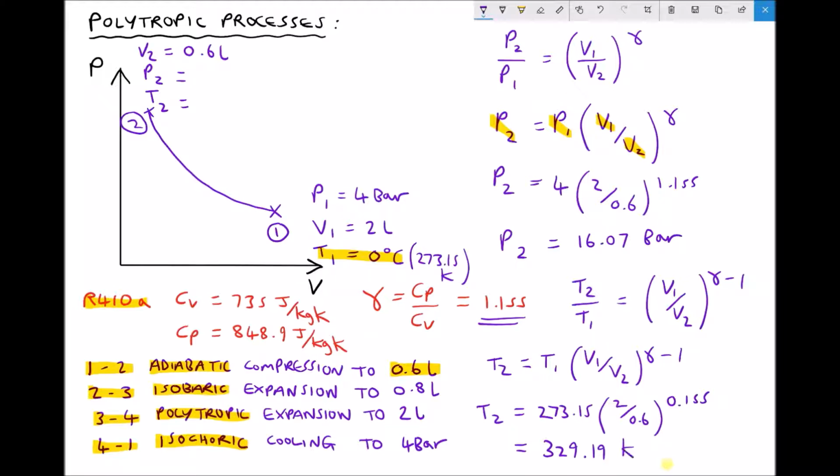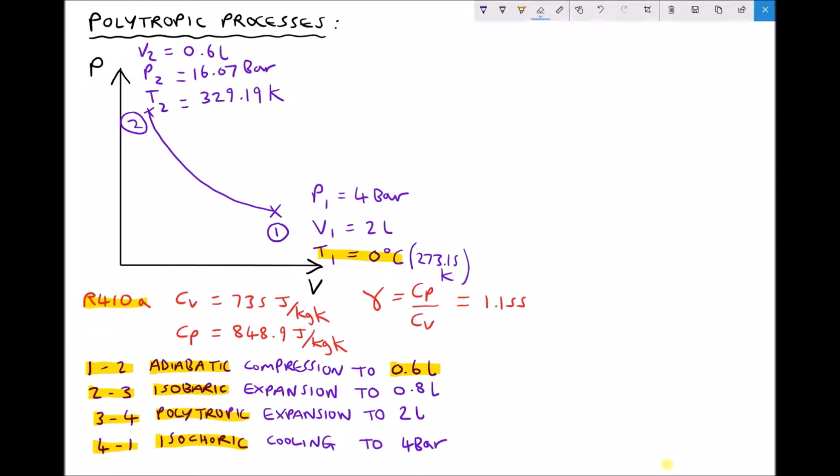And remember, that's in Kelvin. If we wanted that temperature in degrees C, all we would need to do is subtract the 273.15 to get back to degrees Celsius. So I'm going to transfer the values for P2 and T2 to our diagram, and then we're going to evaluate the second process moving from 2 to 3.